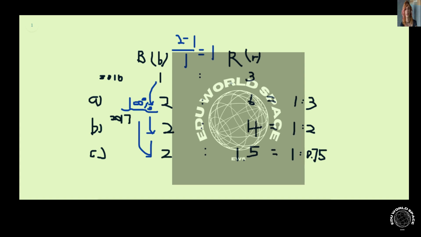While for rice, the inflation is 3 to 6. If we recalculate it, it is 6 minus 3 divided by 3, which also equals 1. So it is 100% in this scenario. While in question B, from 3 to 4, it is again 4 minus 3 divided by 3.